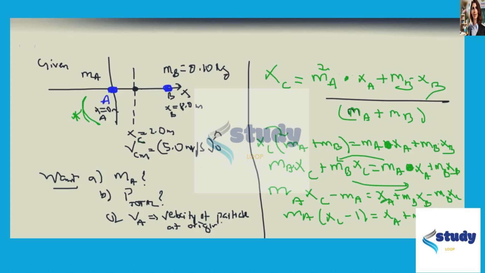So this becomes XA right here. Just remember that that's MA XA. So when we simplify, this is going to be XA.